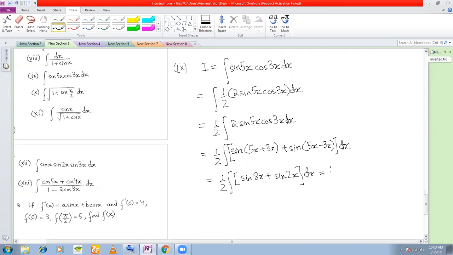Now you separate the integrals. Half integral sine 8x dx plus integral sine 2x dx.